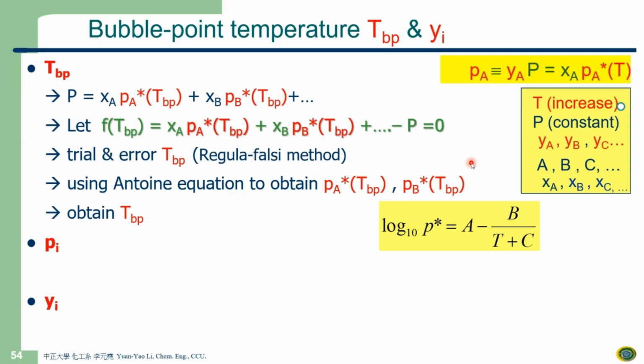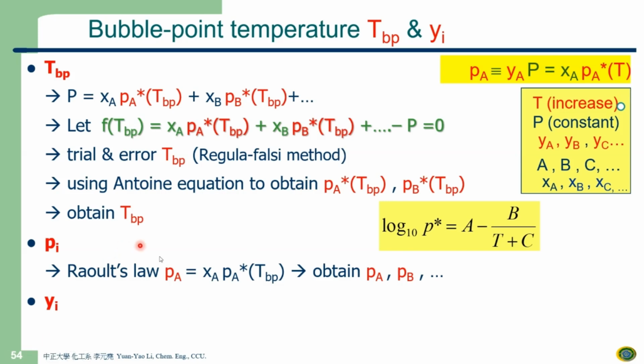Once you get the bubble point temperature, according to Raoult's law, the partial pressure is equal to xi pi star. Because you know the bubble point temperature, you will know the vapor pressure of species A, and you already know the molar fraction in the liquid phase.